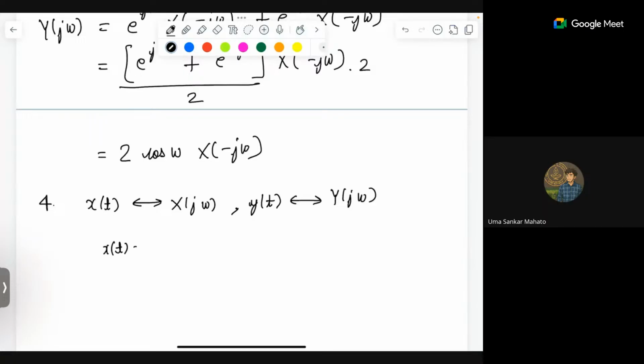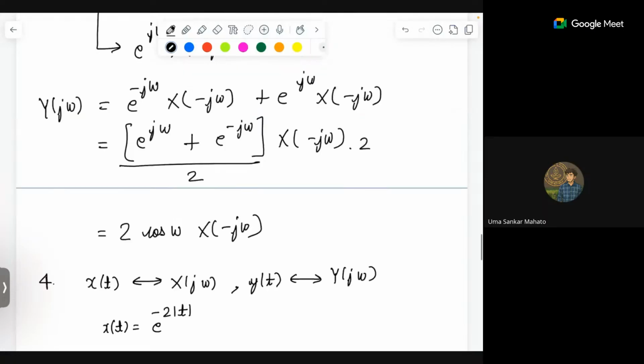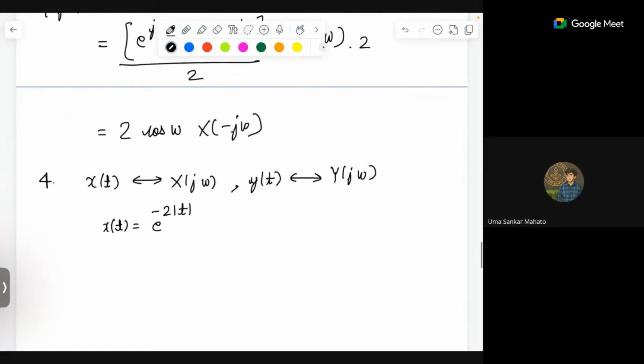Xt is equal to e raised to the power of minus 2 mod t. If you remember, we determined the Fourier transform for e raised to the power of minus a mod t, so that you will have to use here. Yt is equal to x of 2t minus 3. You have to determine y of j omega.